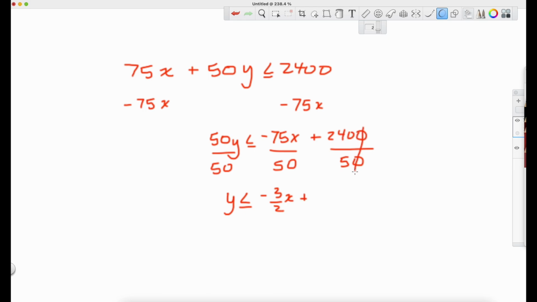Zeros cancel there. 5 goes into 24 4 times. Bring down 4, 8, 48. So my y-intercept is 48. My slope is negative 3 over 2.